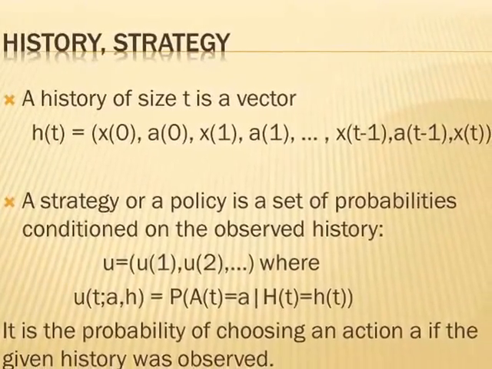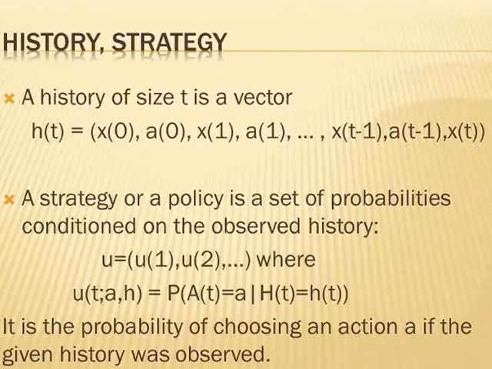We now define histories and strategies. A history is a sequence of all previous states and previous actions as well as the current state. A strategy or a policy is a set of probabilities conditioned on observed histories.